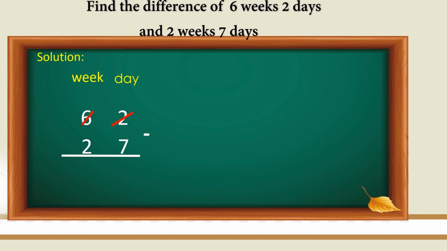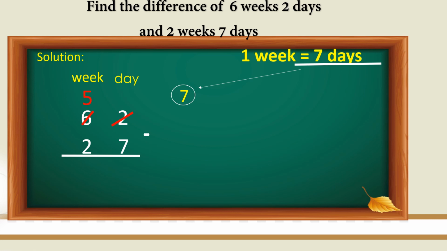So let's borrow 1 from 6. 6 becomes 5. And then let's convert the one that we borrow from 6, which is 1, is equals to 7 days, because 1 week is equals to 7 days. And then let's add the 7 days into 2 days.